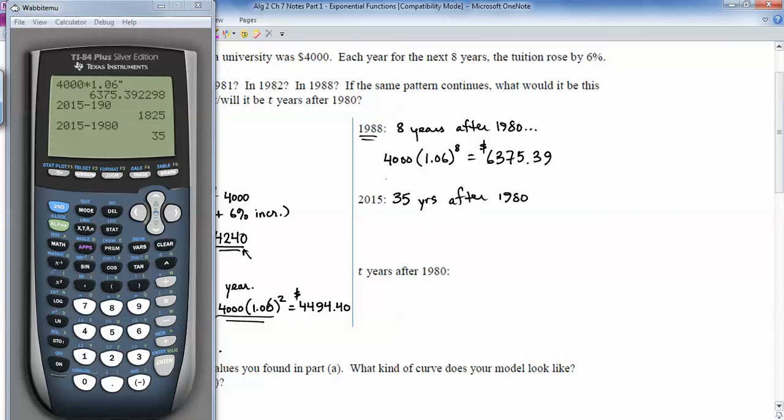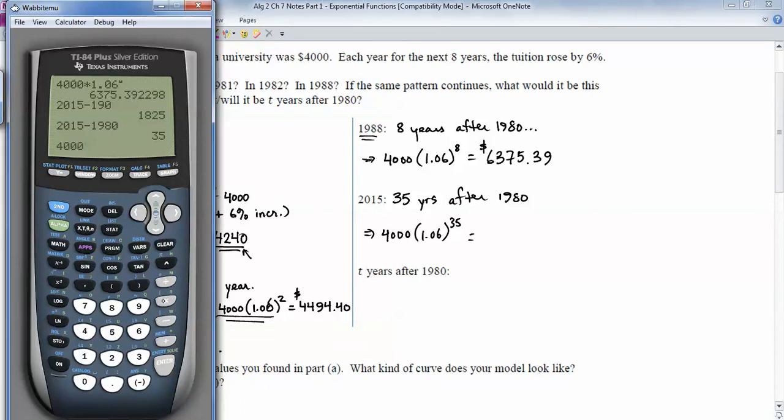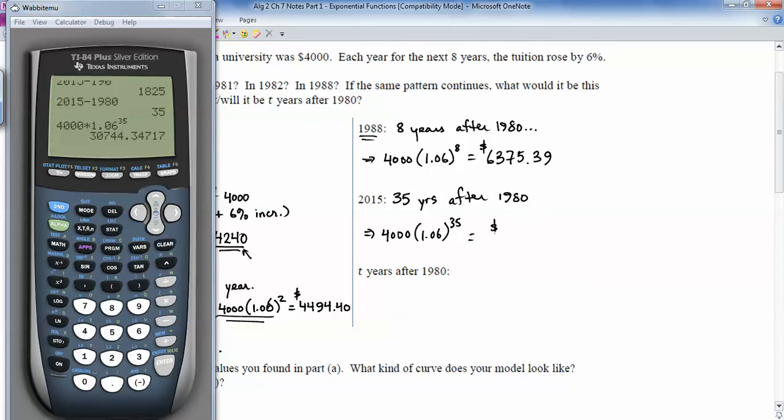So in this case, we're going to do 4,000 times 1.06 to the 35th. So let's see what that equals. 4,000 times 1.06 to the 35th. All right, now we're up to $30,000.